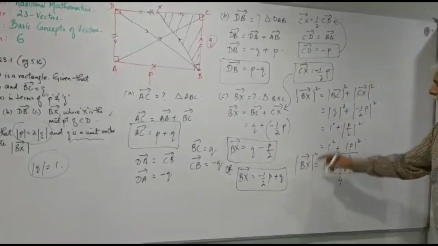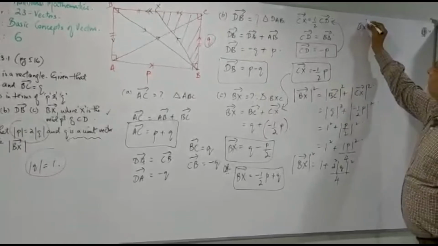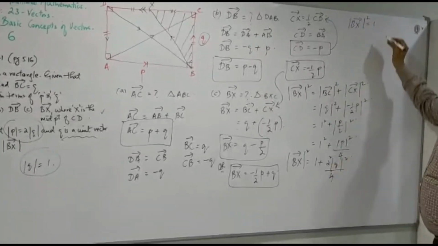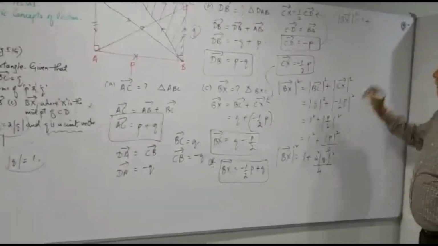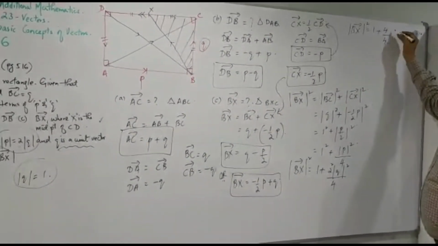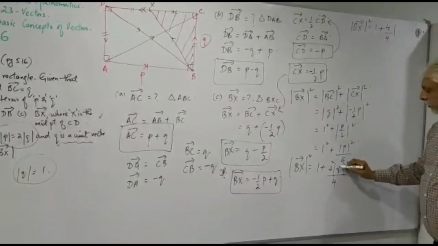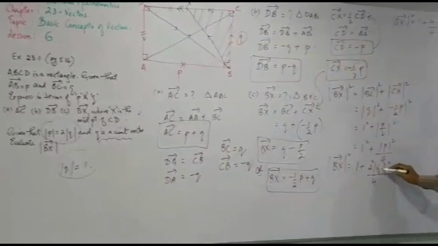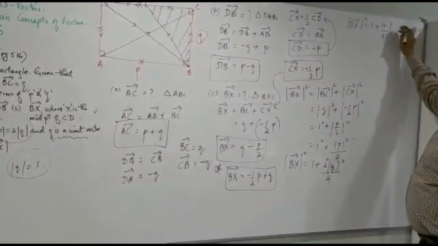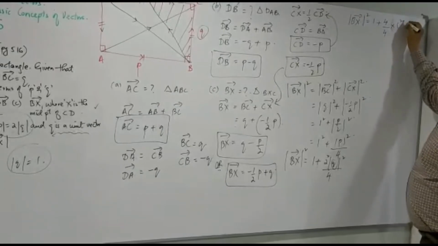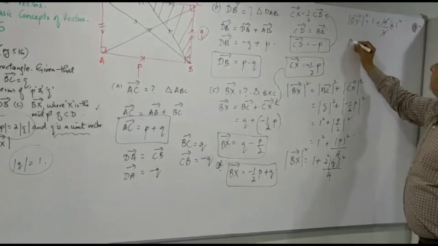So I have Bx the whole square is equal to 1 plus 2 the whole square, which will give you 4 upon 4, and the unit vector Q is 1. Since this is Q and the whole square, that means 1. I can put this as 1 the whole square. 4 and 4 will cancel.